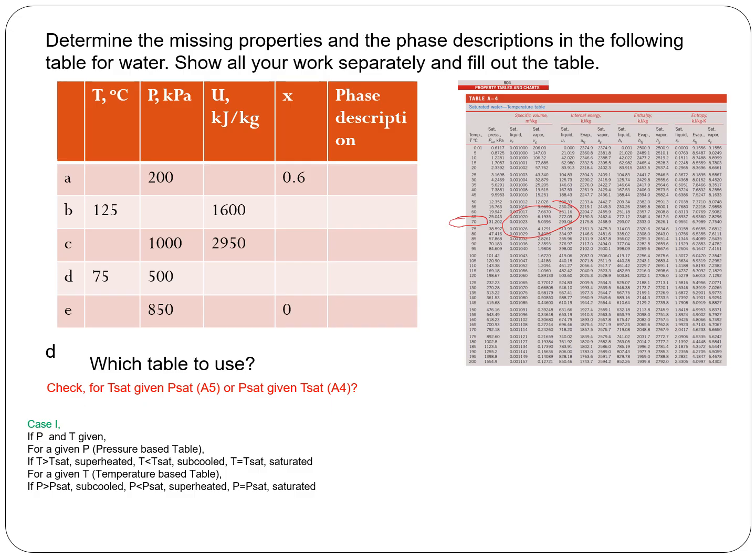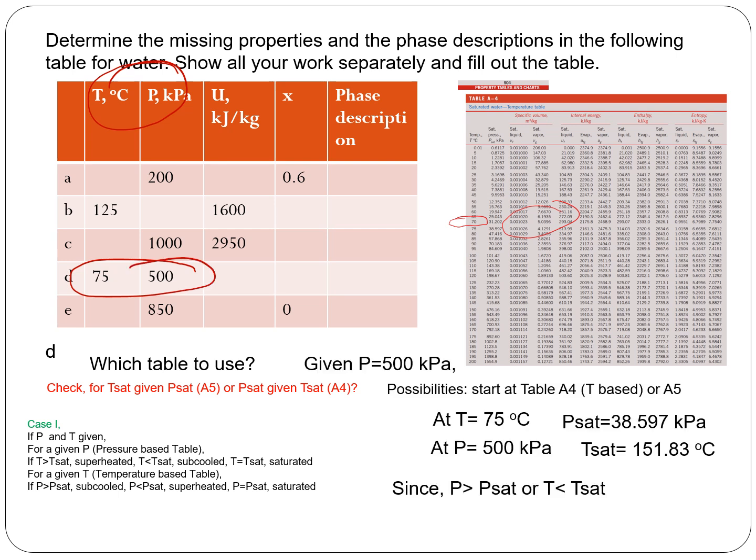For D, pressure and temperature are given. So for this, compare with the saturation temperature or saturation pressure. You could do either of it and then find out where it lies. You don't have to do both; both would give you the same result, and it's in the subcooled region. For the subcooled region, there are two ways of finding the property.